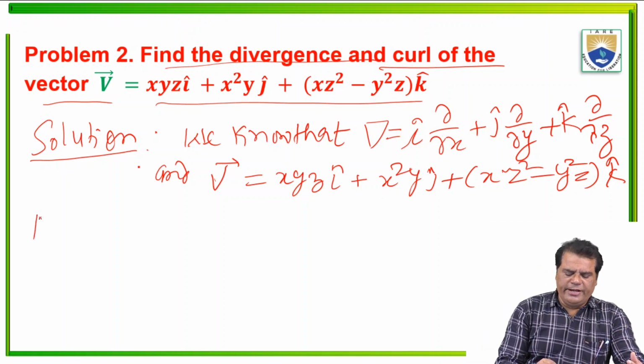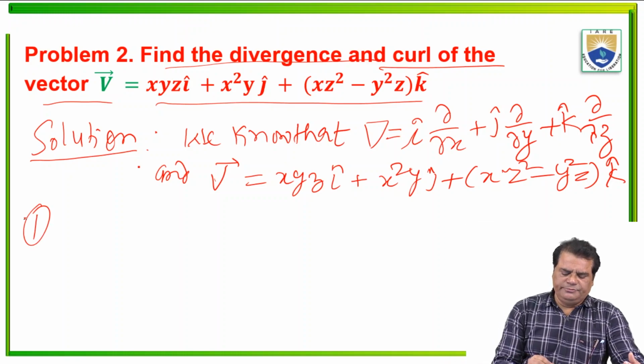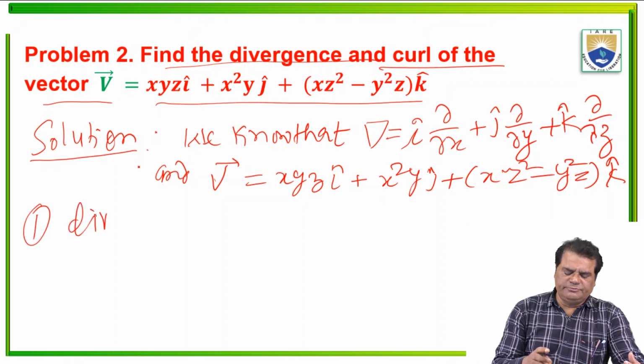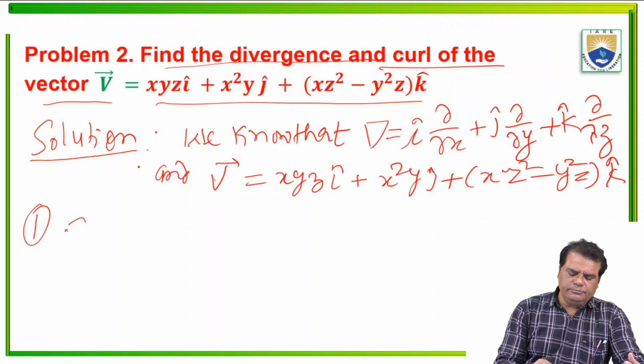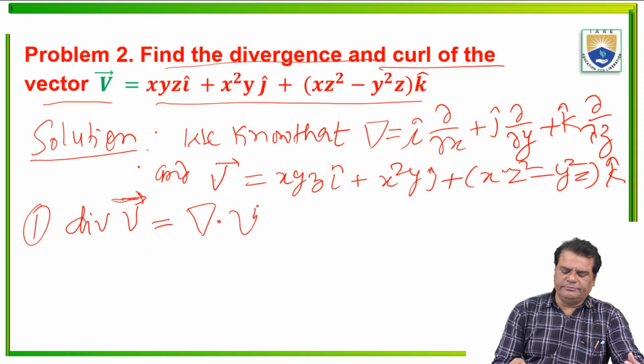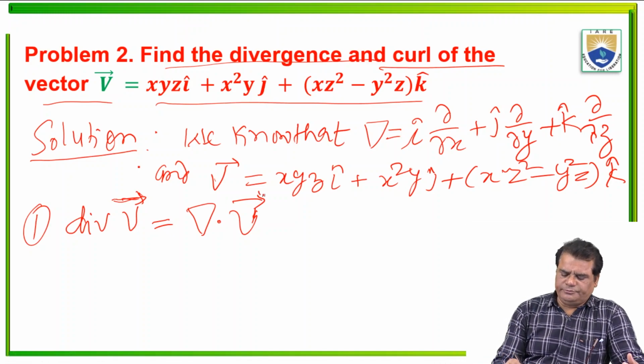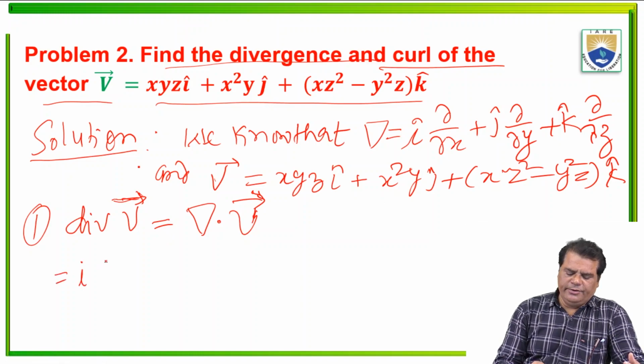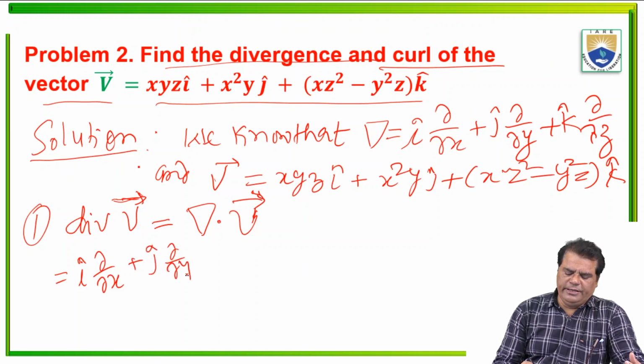So now number 1, divergence of v. Divergence of vector v equals del dot v vector. So del is i dou over dou x plus j dou over dou y plus k dou over dou z.